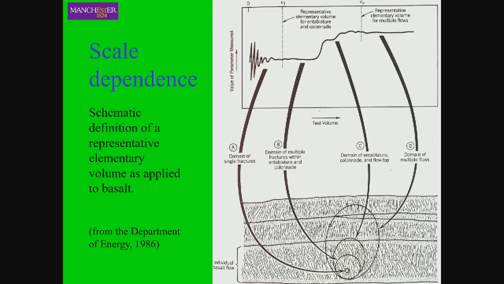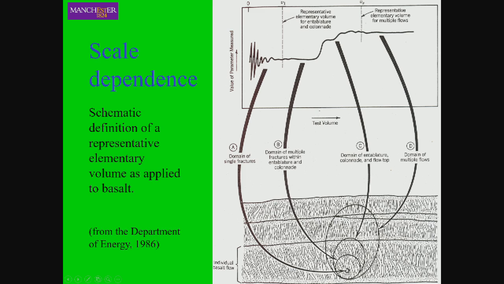And then lastly, permeability can also depend on scale. And that's really relevant here because we have a group here that does permeability measurements on small bits of rock. So how relevant are they to the larger scale? And these guys are well aware of this.